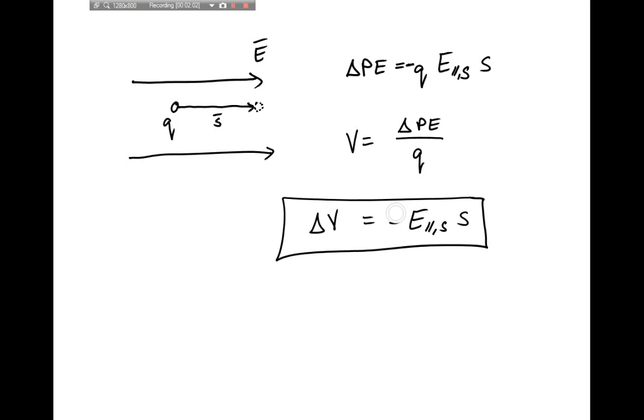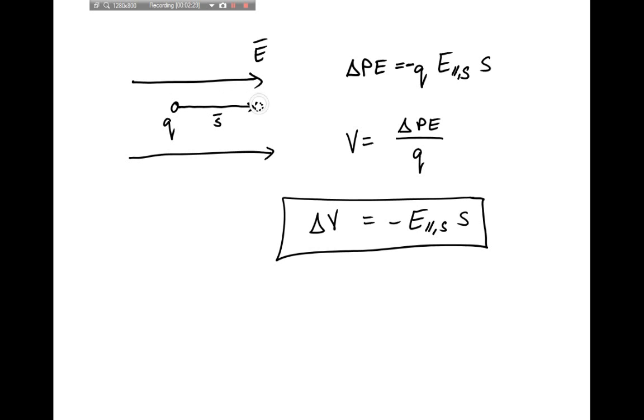And the reason this negative sign is here is because the potential energy decreases as the particle moves in this direction, right? So if we think about a positive charge in the electric field, there's an electrostatic force that's going to push this particle to the right. So this particle is speeding up because there's a force pushing on it to the right. So we say that the electrostatic potential energy is being converted into kinetic energy as this particle moves towards the right.